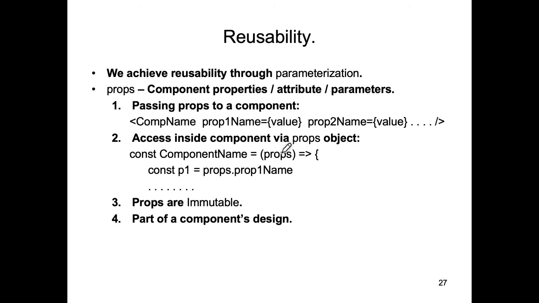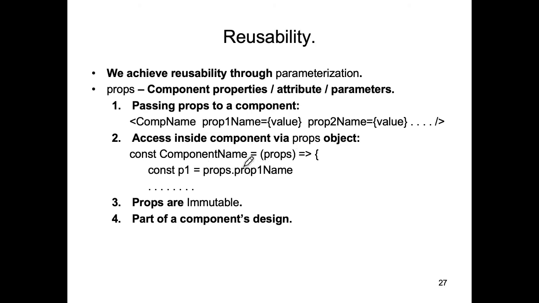It's always there, even if you've got a component that doesn't have any explicit parameters or properties in its usage. This props object would exist anyway, because it does have some default attributes that will become useful later on. So here's my props object that's passed in to my component by React for me. And it is an object, and I just dereference particular keys within that object in order to get at the value associated with a particular property.